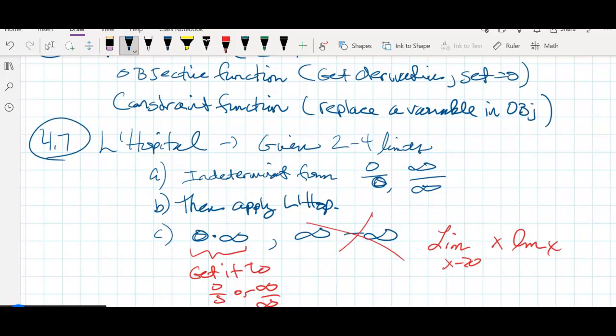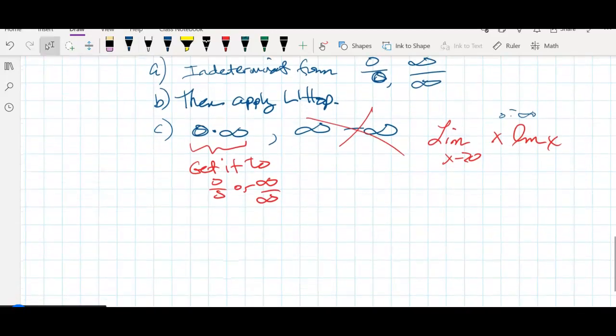Okay. So this ends up being 0 times negative infinity. So it's not L'Hopital's rule, but we can rearrange it. And what was the quickest way to rearrange that one? Do you remember? You keep the ln x, and where do you move the x?